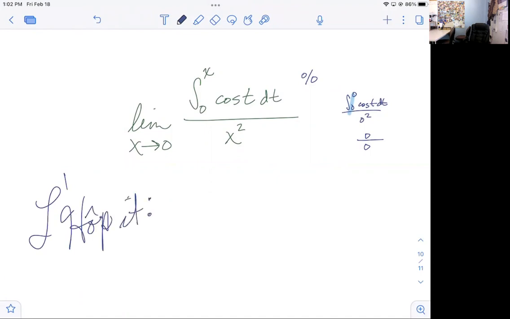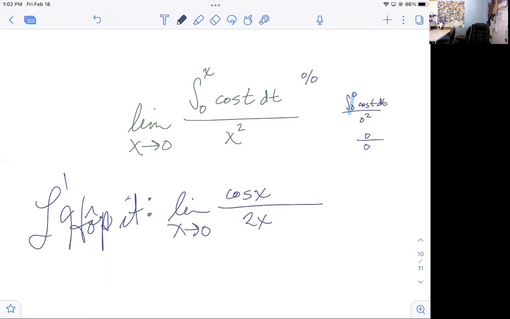And thanks, Johann Bernoulli. The limit as x goes to 0 of the derivative of the top. The derivative of the integral from a plain old number to plain old x becomes the plain old integrand, but now as a function of x, all over the derivative of x squared, which is 2x.